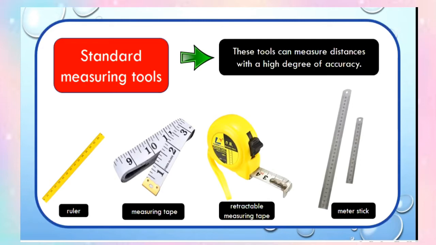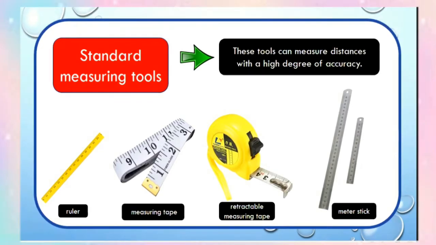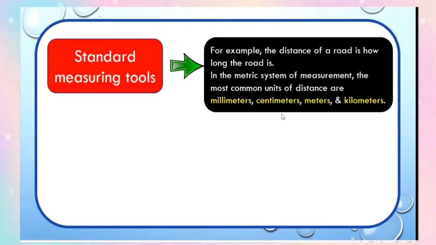Standard measuring tools can measure distances with a high degree of accuracy. If we use these tools, that means our measurement is accurate, compared with the second type of tool, which we will talk about later. For example, the distance of a road is how long the road is.